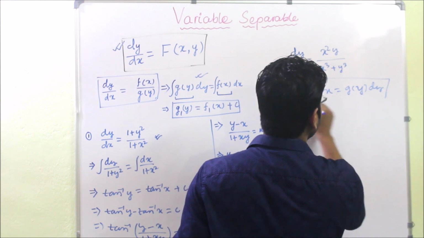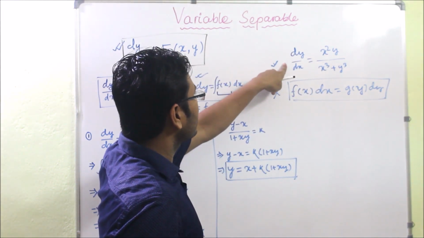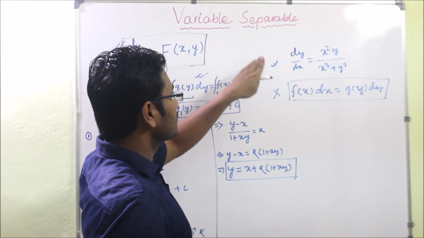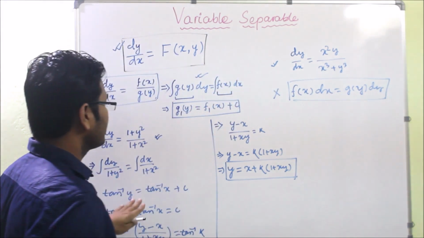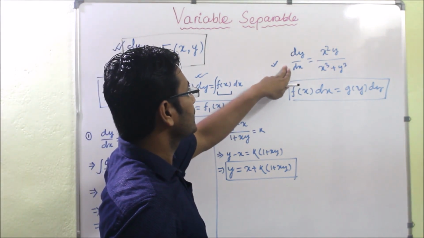As we cannot write this form, we cannot convert the differential equation into variable separable form. So we cannot apply this method to get the solution for this differential equation.